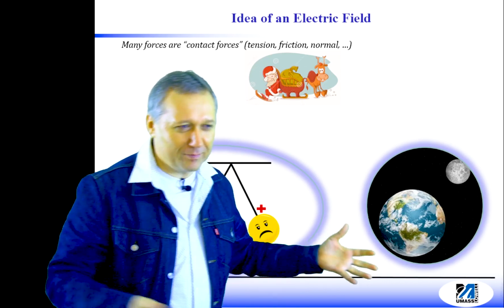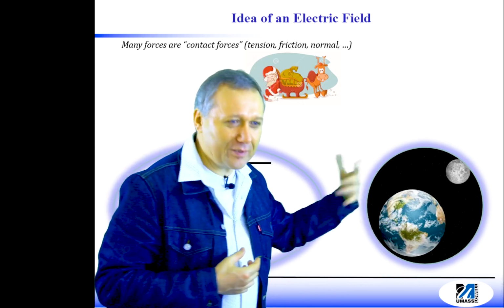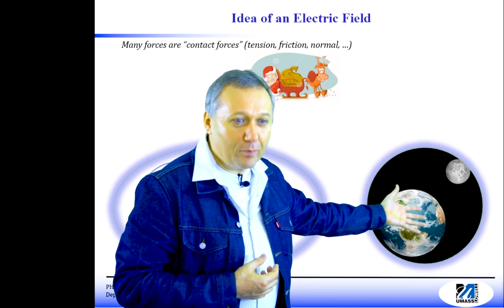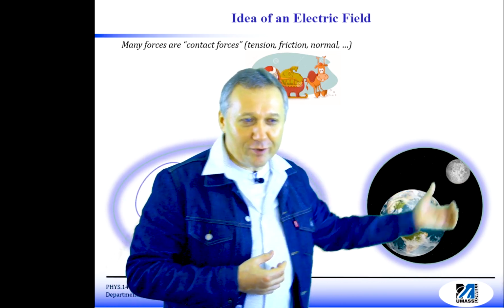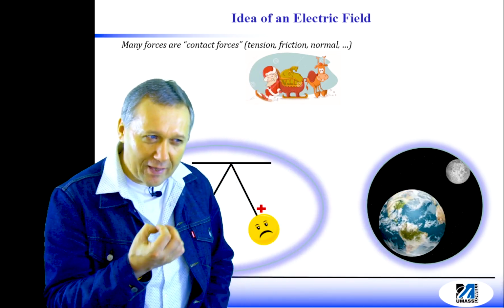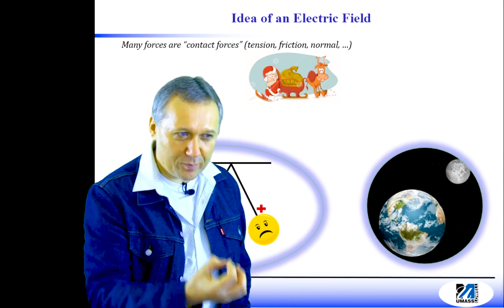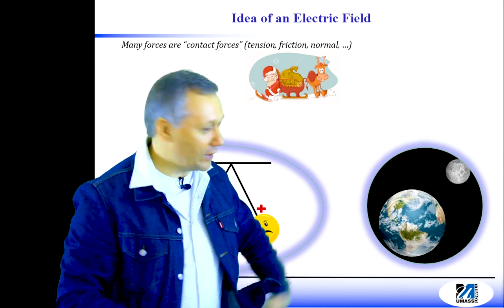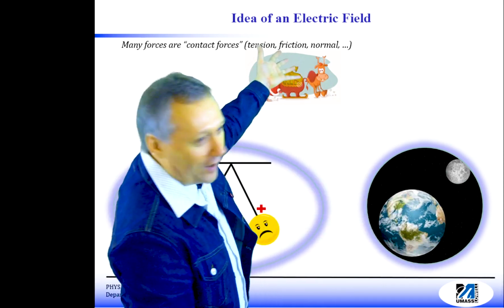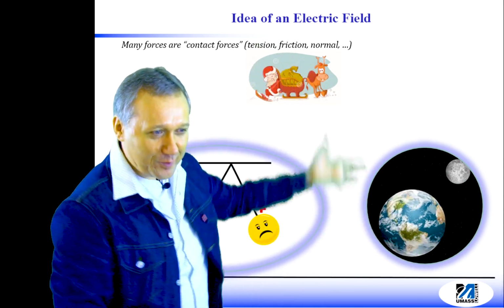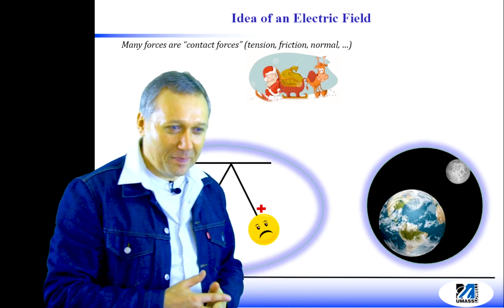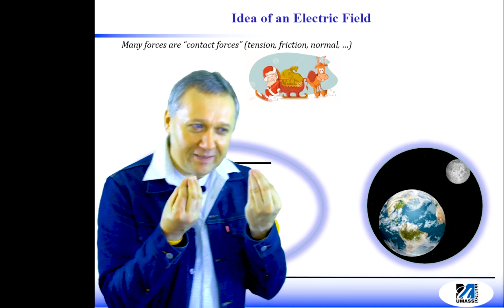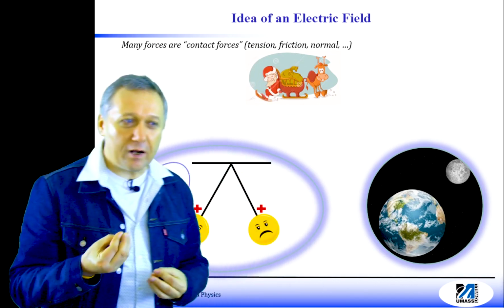Of course, you can still be persistent and keep asking them. But by introducing the idea of the field, you now have direct contact between the object which experiences the force and that field. So we move to the case of contact forces, sort of artificially. That's the idea of introducing fields.